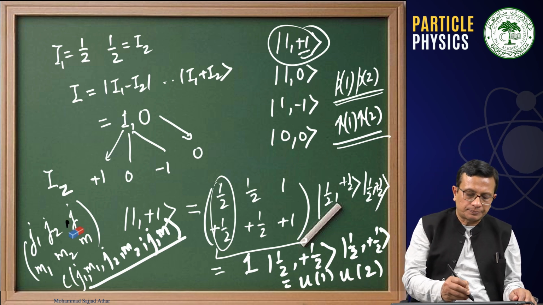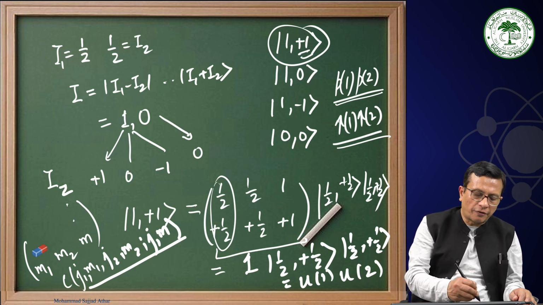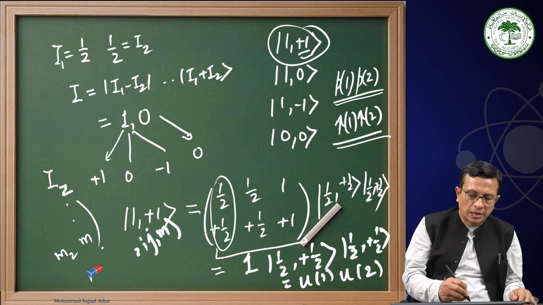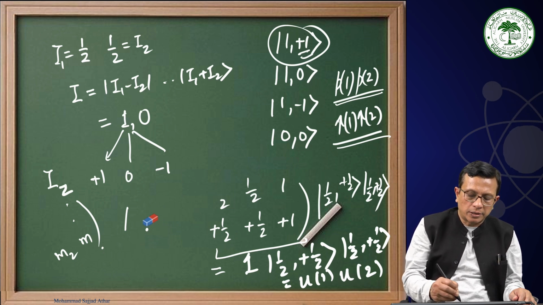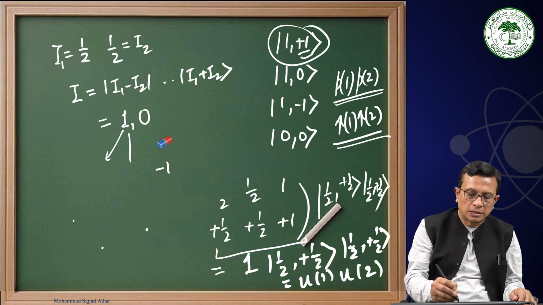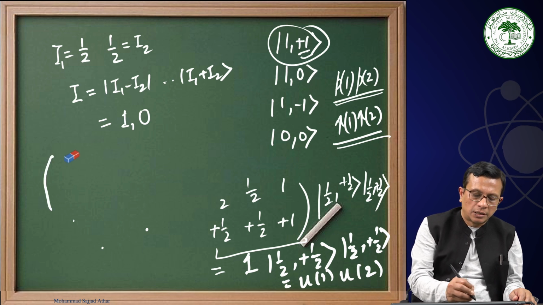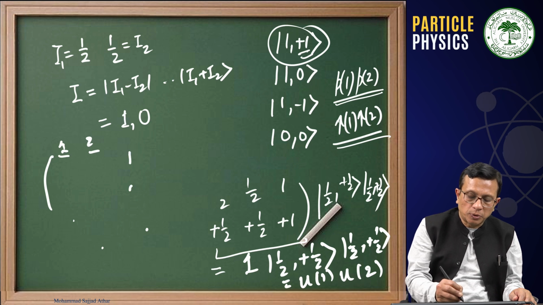Now similarly, instead of the 1 plus 1 state, if I want to form the 1 0 state, you have, say, this is one state, this is the second state. What I wish to get is 1 0, that means this is 1 whose projection is 0.